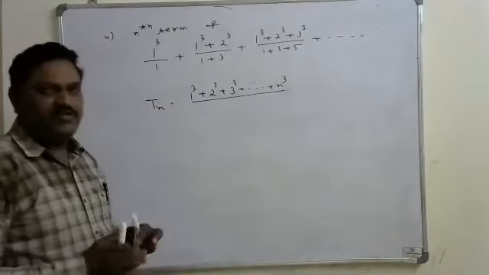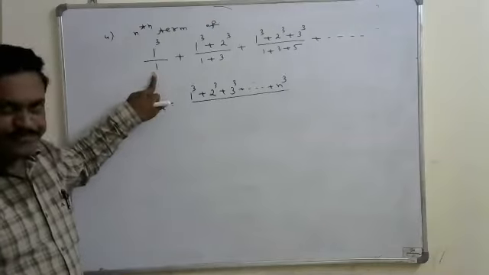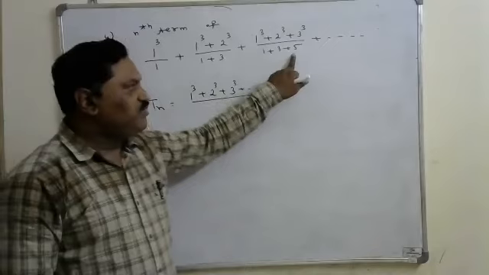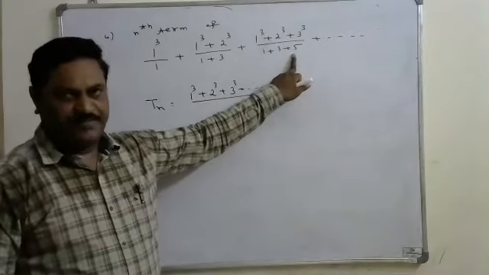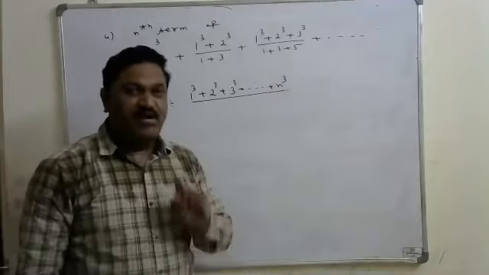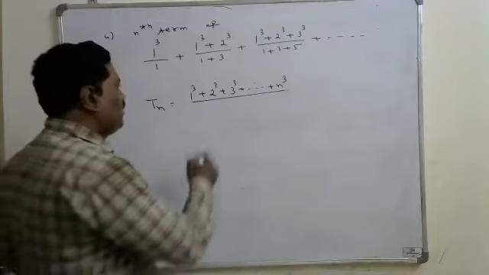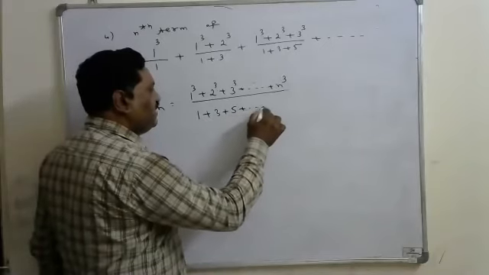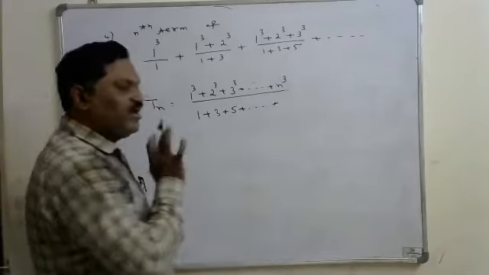In the denominator, you can find 1. This represents the sum of the first 2 odd numbers, the sum of the first 3 odd numbers, etc. So the nth term will have the sum of the first n odd numbers, that is 1 plus 3 plus 5 plus etc. All these are odd numbers.